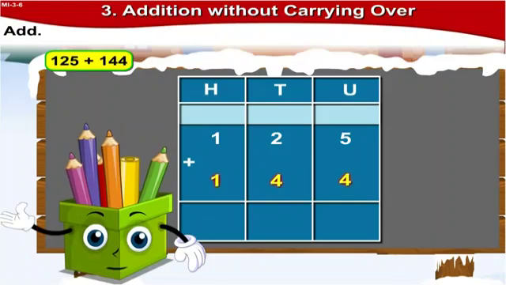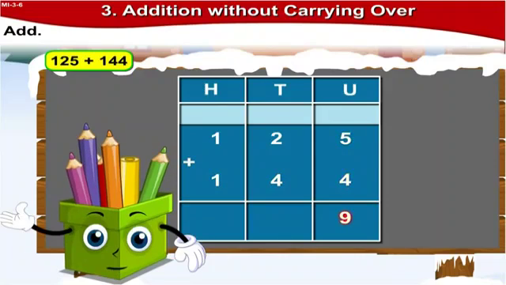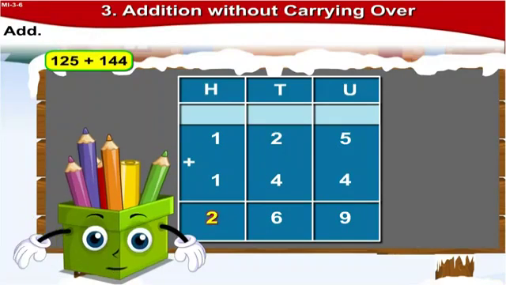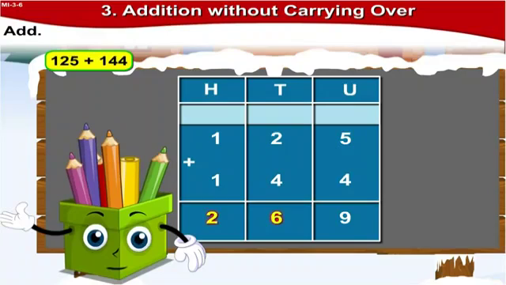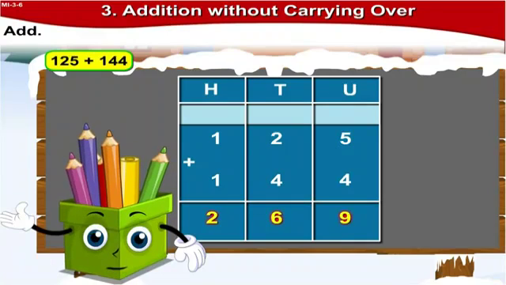Let us begin our addition from the units column. 5 units plus 4 units is 9 units. Now the tens column, 2 tens plus 4 tens is 6 tens. Hundreds column, 100 plus 100 is 200. So it is 200, 6 tens, 9 units, which means the answer is 269.